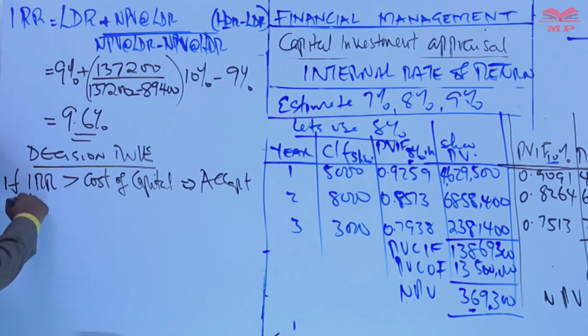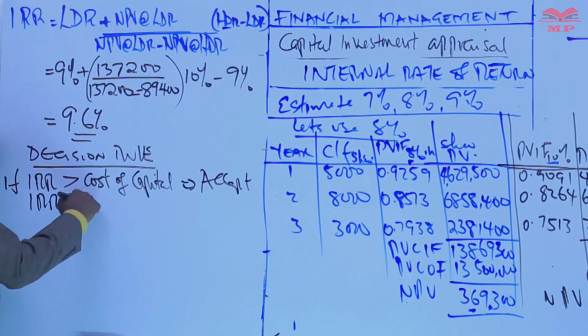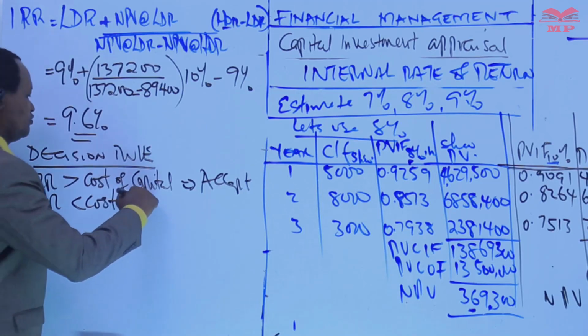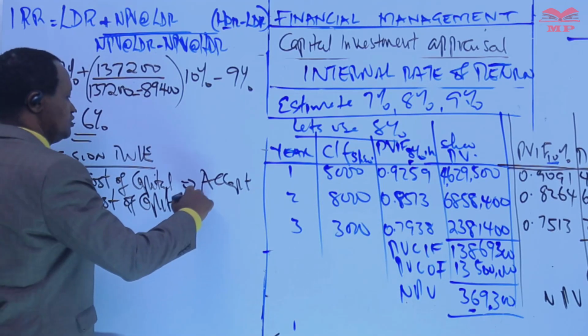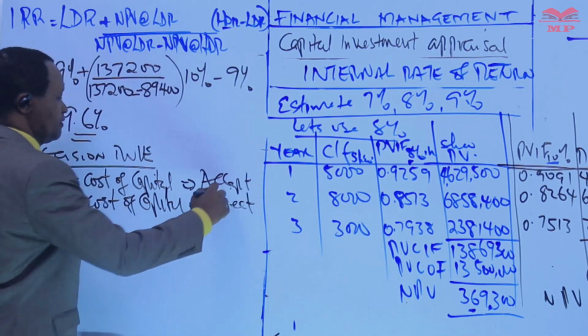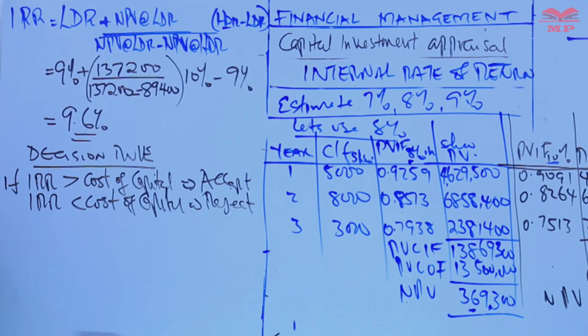But if IRR is less than the cost of capital, reject. So for this project, what is the decision? You have the cost of the project from the question.